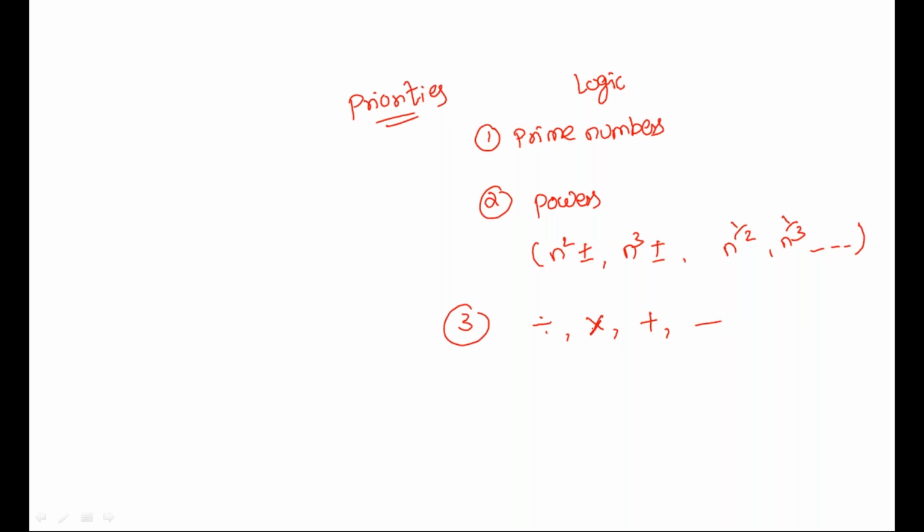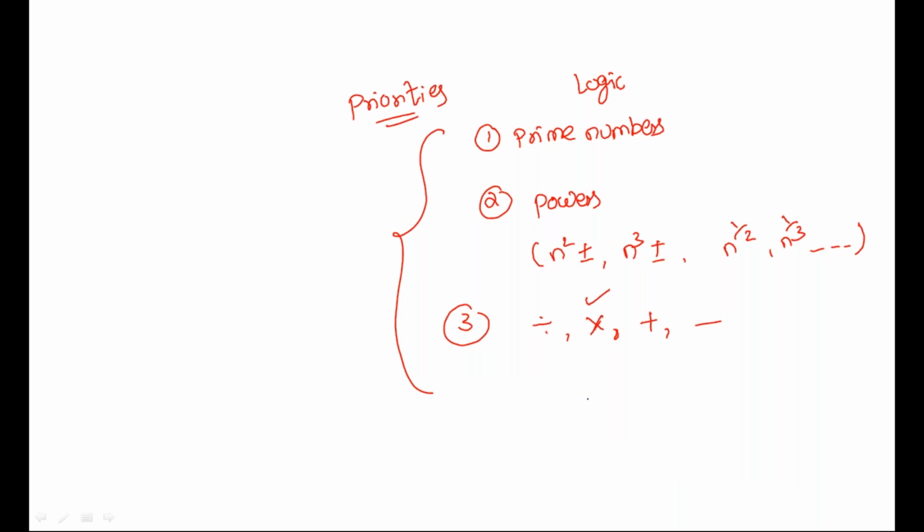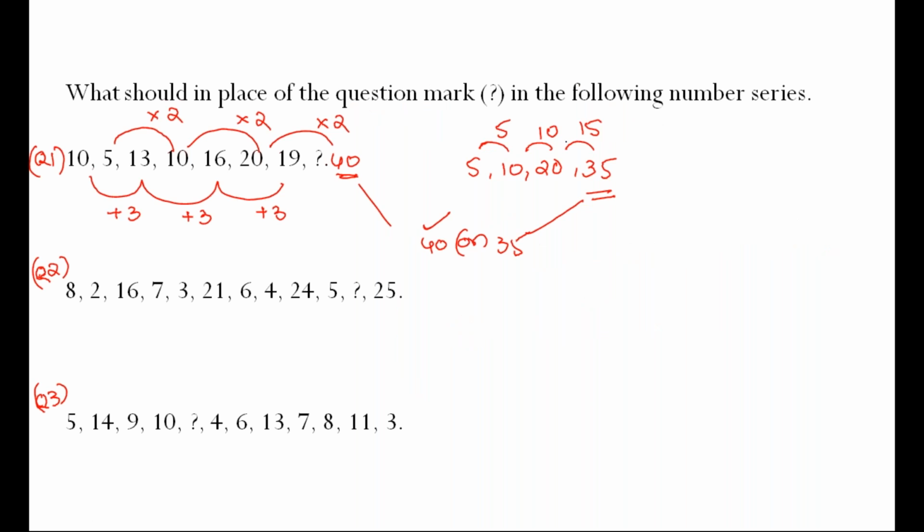So multiplication takes priority over addition. If you have two or more answers for the same question, you can use these priorities. So here I can go with 40 because multiplication is higher priority than addition. That's why 40 is the correct answer, my dear friends.